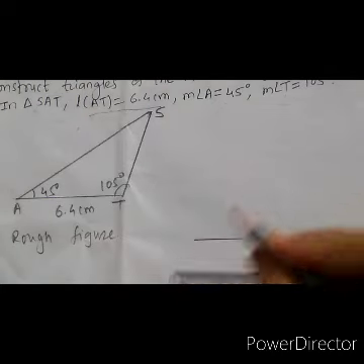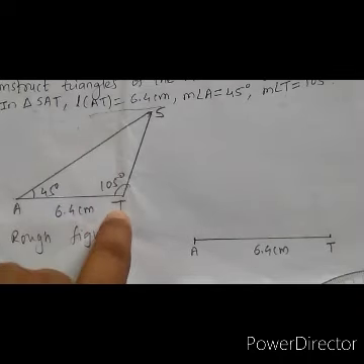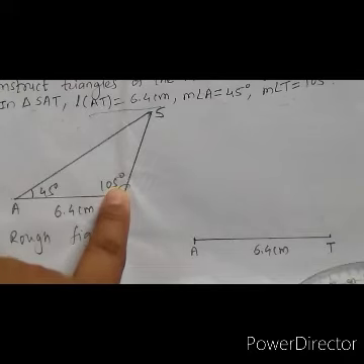Now we got segment AT of 6.4 centimeter. Now we have to take the protractor, and we have to take angle T equal to 105 degrees.